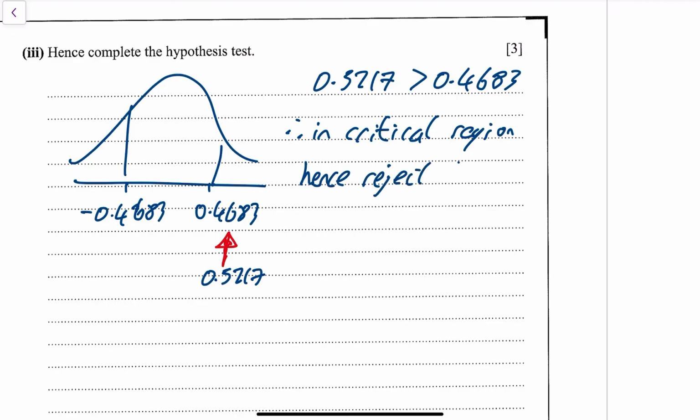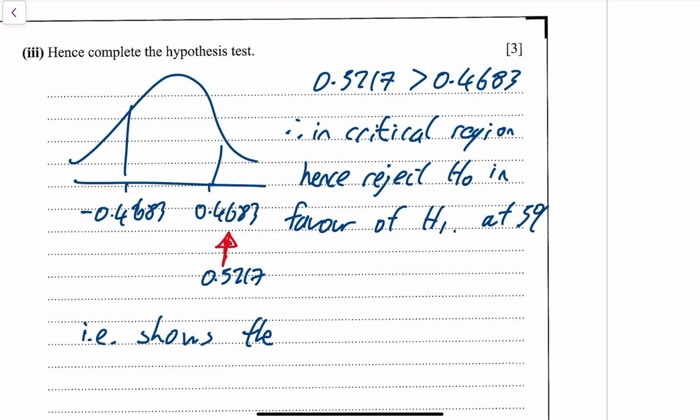Hence, reject H0 in favor of H1. And relate it back to the real world. Say at a 5% level as well; add that in always.